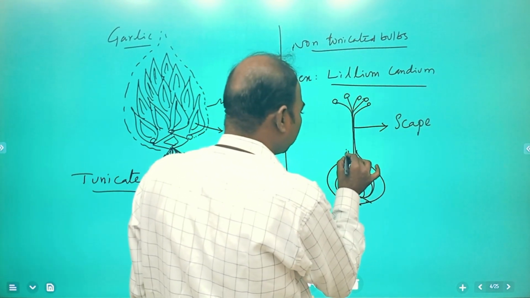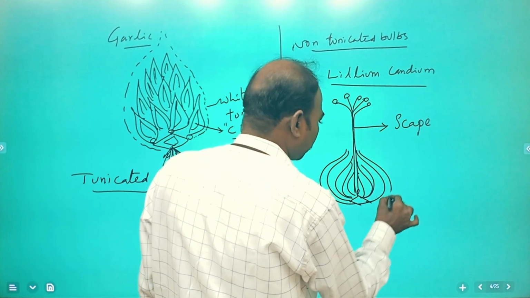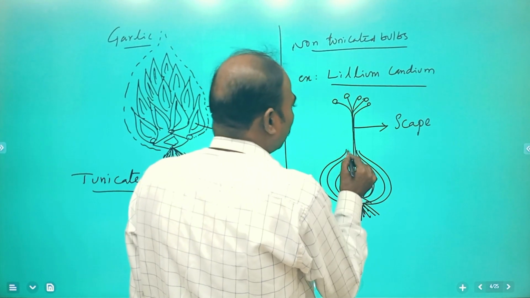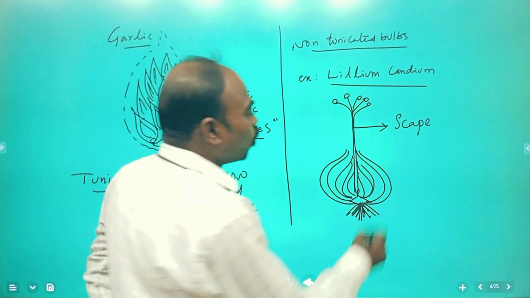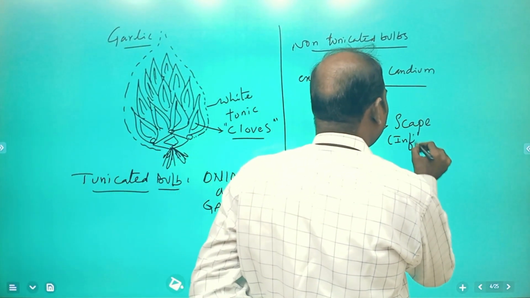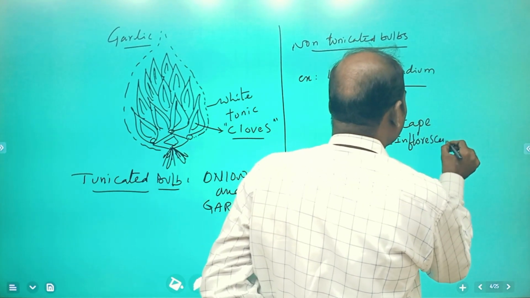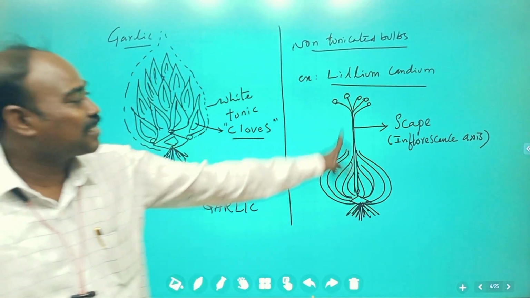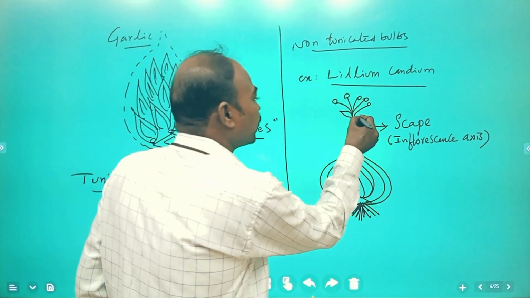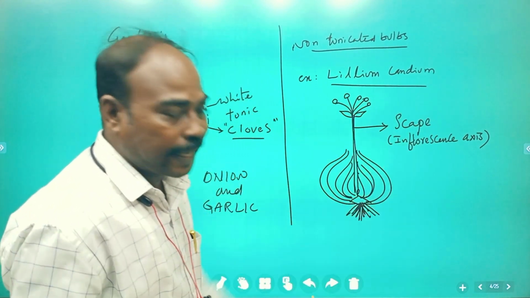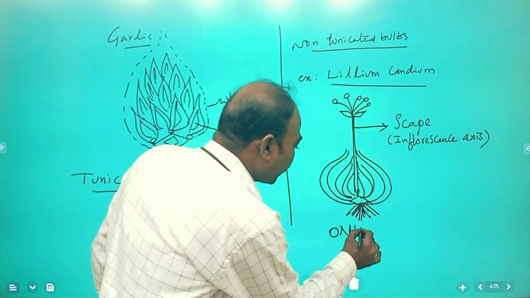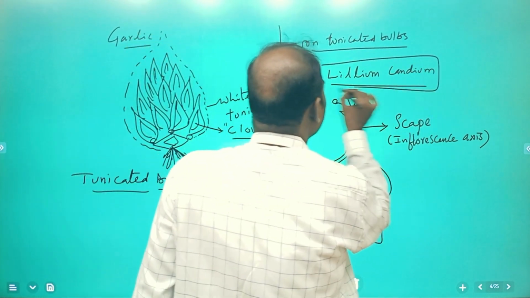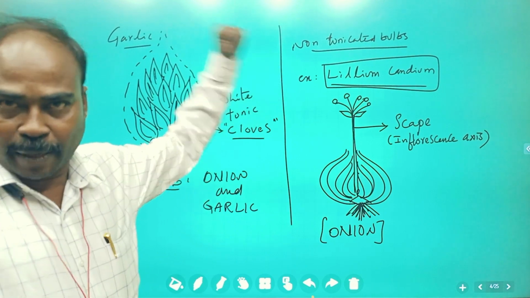One important point: scape is the inflorescence axis, or floral axis, in these flowers. That is in the onion. So onion and garlic are the tunicated bulbs. Lilium candidum is a non-tunicated bulb.